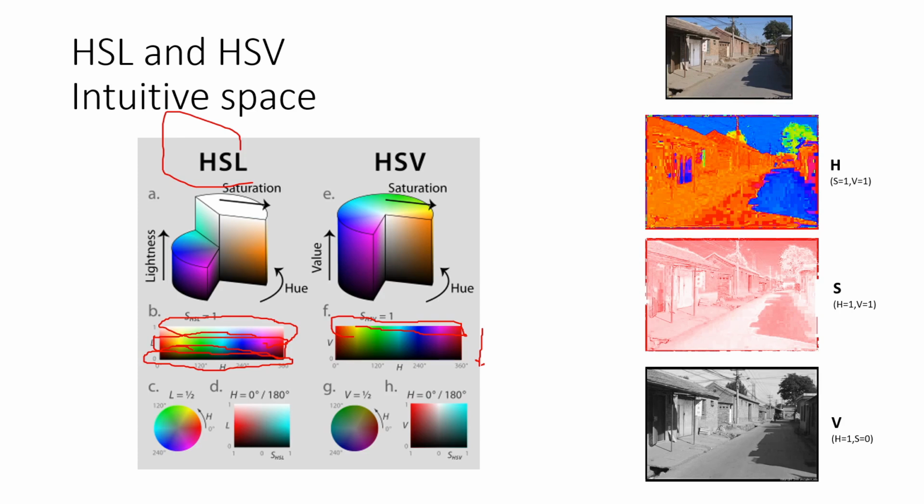Okay, so given an example, suppose this is the input image, then we convert it to the hue, saturation, and value space. Value is almost like the brightness. You can see it's just like a grayscale image. And for the hue, see the sky is blue, so for this region the hue is a certain value.